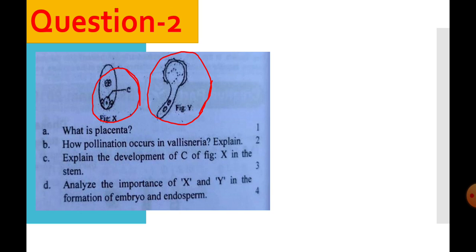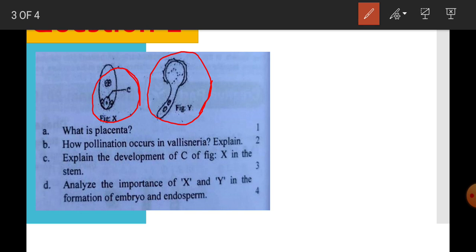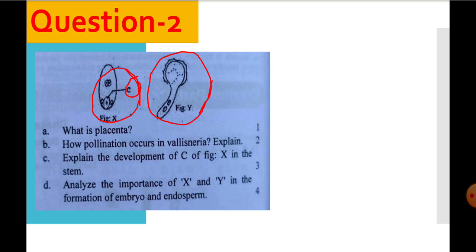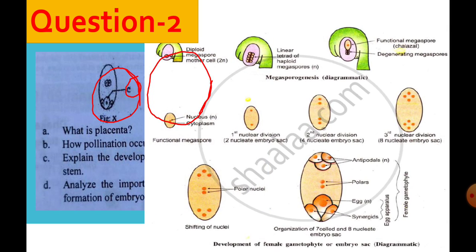In question C, it says explain the development of C of figure X in the stem. Here C in the question is the egg, and how the egg develops is the process of megasporogenesis.